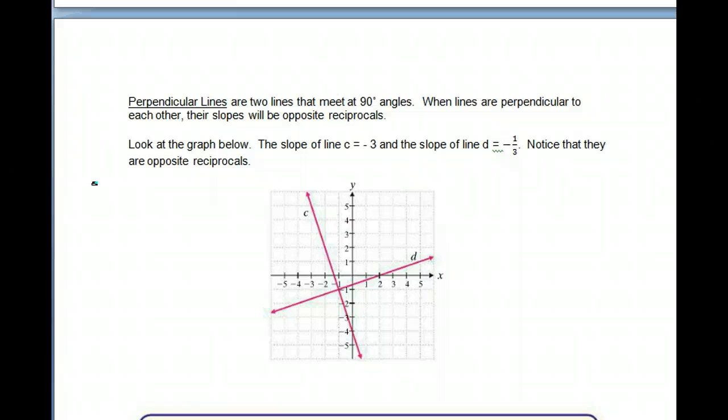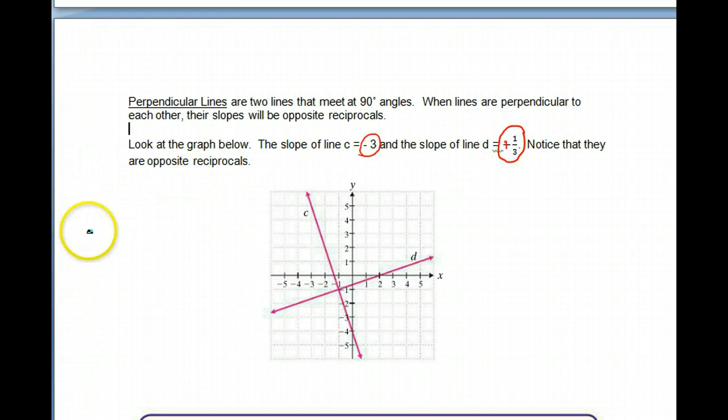If you look at the graph below, the slope of line C is -3. The slope of line D is -1/3. Notice that they're opposite reciprocals. Some other examples of opposite reciprocals, the slope of line D, should be +1/3.